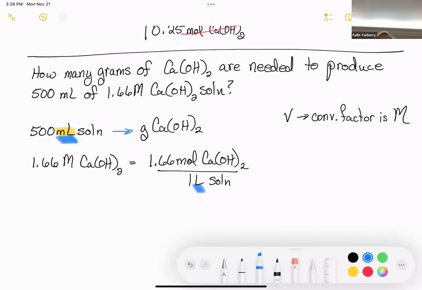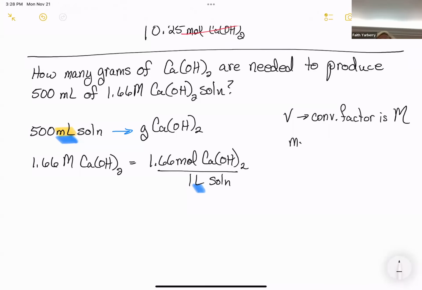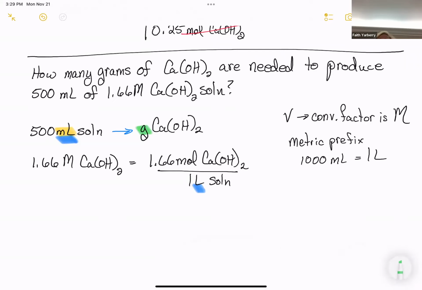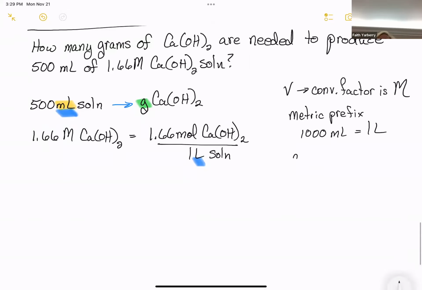So that means I'm going to need the metric prefix conversion factor as well, where 1,000 milliliters is equal to 1 liter. The other thing I note is that I am dealing with grams. And just like before, when I see grams, I know I need molar mass. So I need the molar mass of the calcium hydroxide.